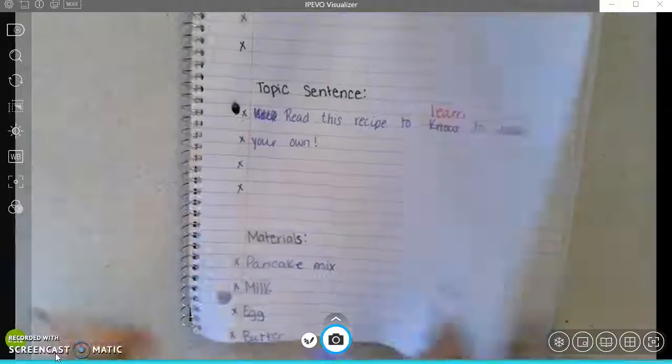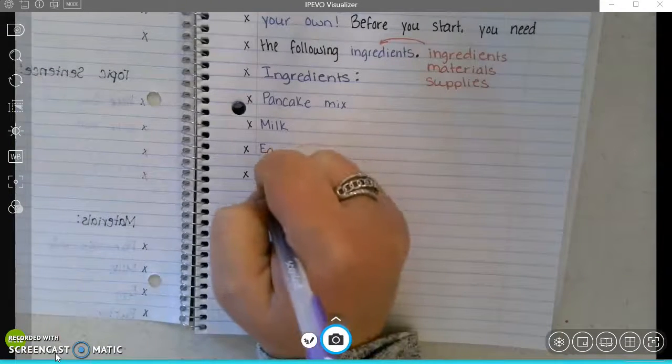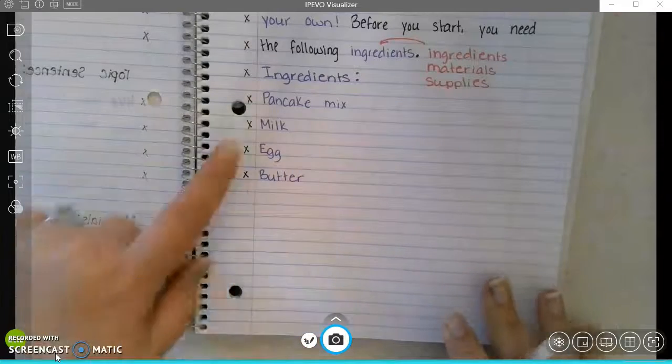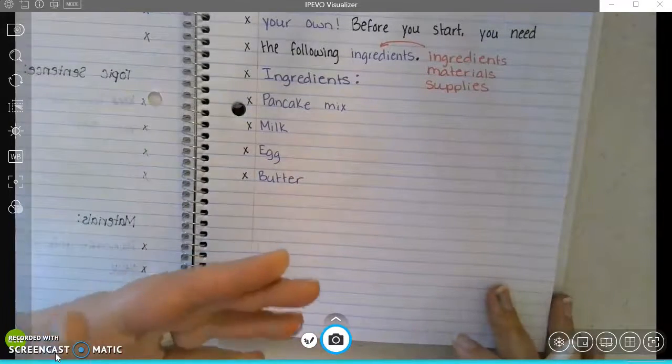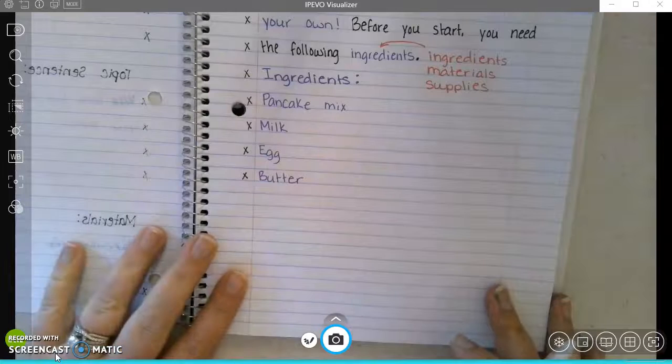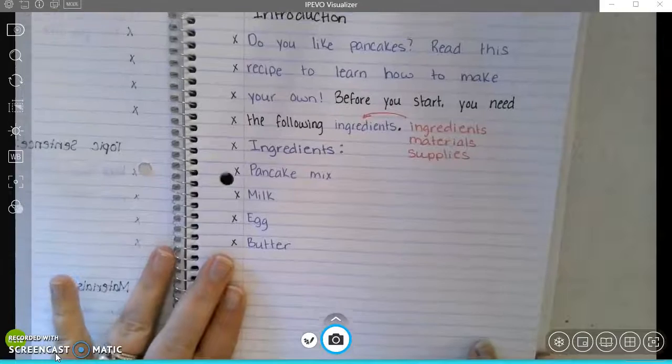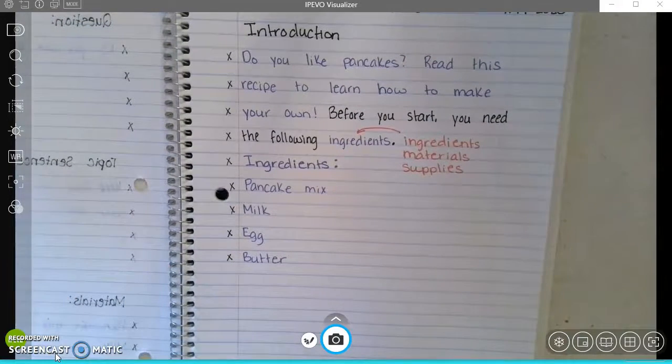And then I needed butter. Okay, and then I would keep going, but you're teaching me how to do something, and I'm not going to finish my ingredients because I want to get you to writing.